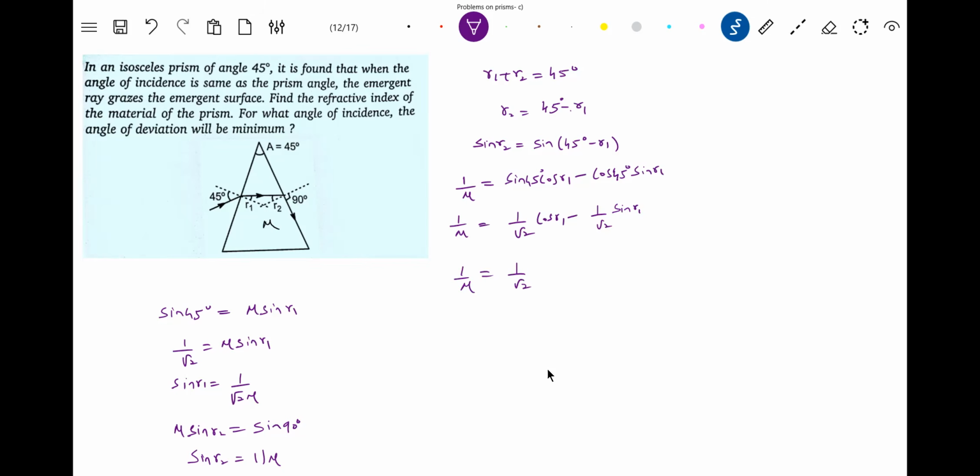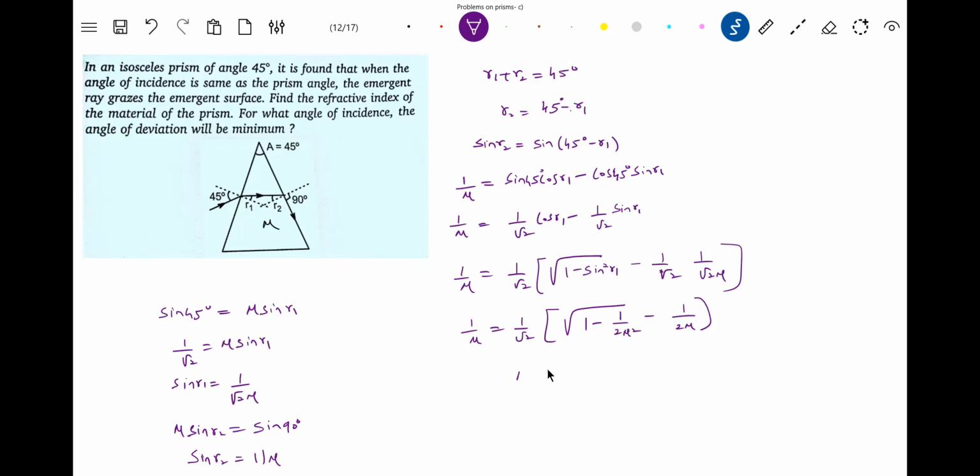Cos r1, I can write as root of 1 minus sine square r1. Sine r1 is 1 by root 2 mu. So 1 by mu equals 1 by root 2, and sine square r1 will be 1 by 2 mu square. Solving this, we'll get an expression for mu.